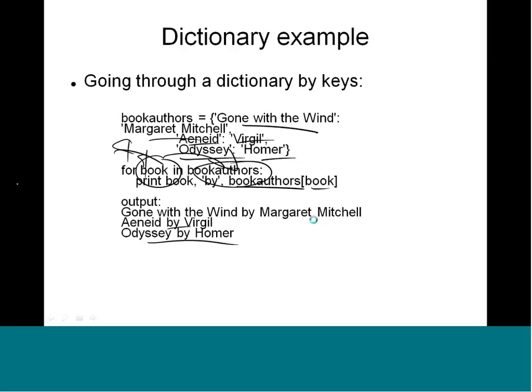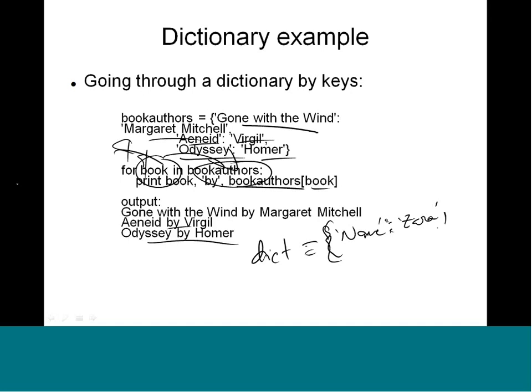A simple example: define a dictionary, dict equals. Again, the items you want to define in a dictionary are enclosed within curly braces, and then put the key, say name, and then the colon, and then say Zara, and then a comma.